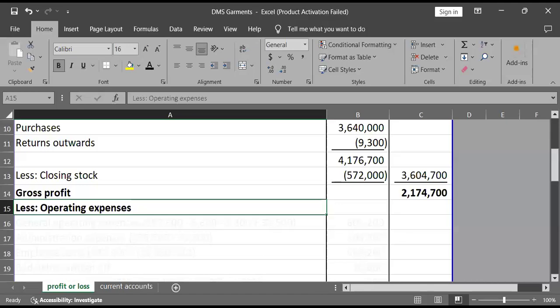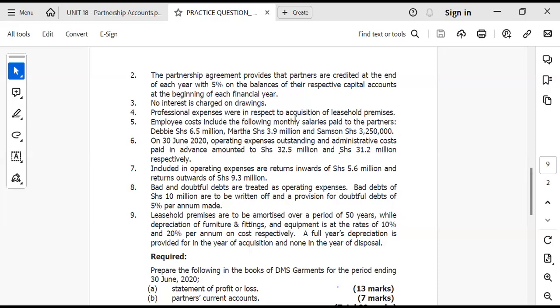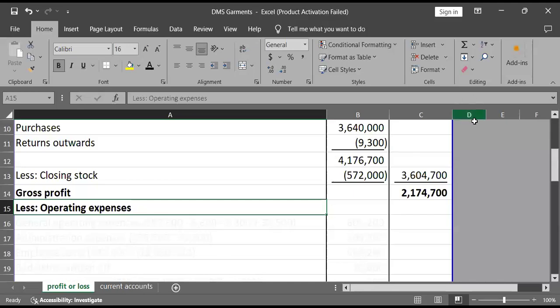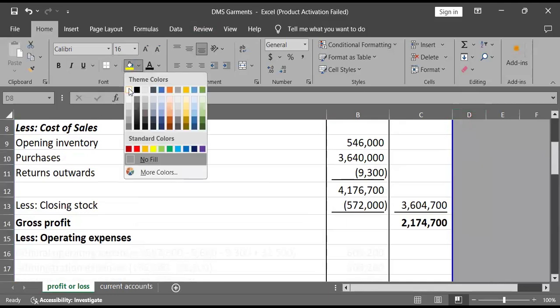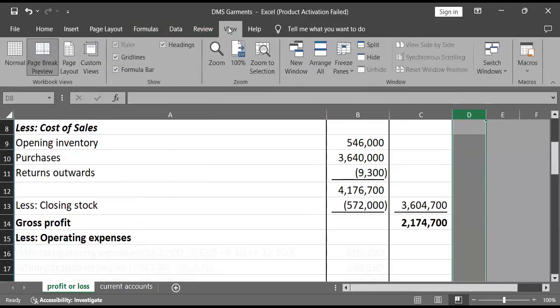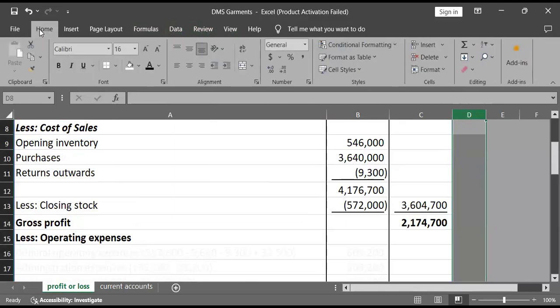So these are monthly salaries, but we are calculating expenses for the whole year. So what we are going to do is get their total monthly salaries. Let me just get a schedule here. Debbie is paid 6.5 million.